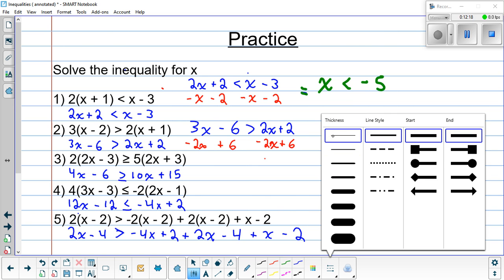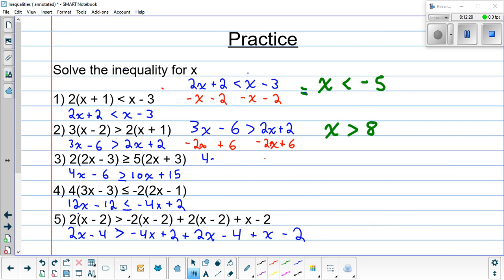Next one, we have 4x minus 6 is greater than or equal to 10x plus 15. So, same thing, look to how we're going to keep our x positive. Well, that only happens if we subtract 4x from that side. So we have to subtract 4x from this side.